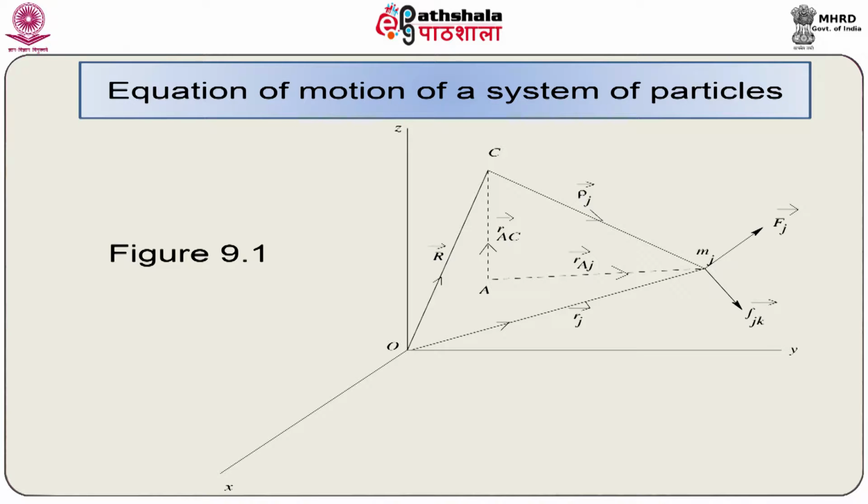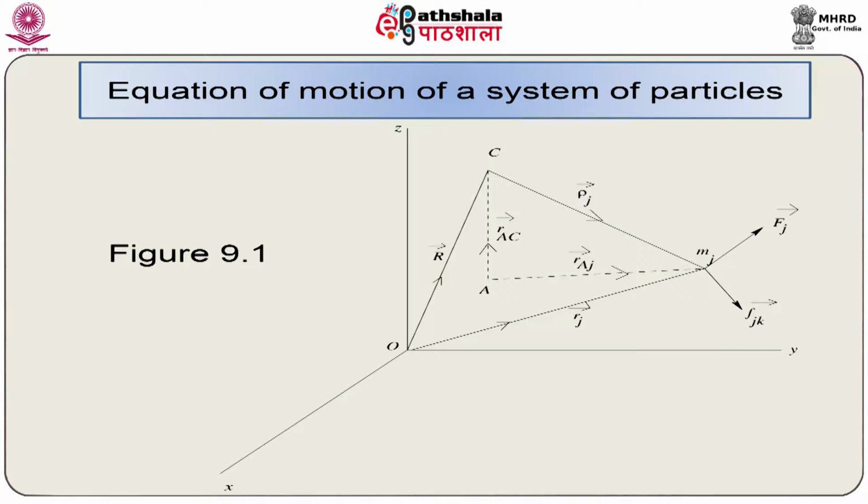Here jk are suffixes. Then the vector f_kj is the force exerted by mass m_j on m_k. By Newton's third law, we know that action and reaction are equal and opposite. This gives f_kj equal to minus f_jk.